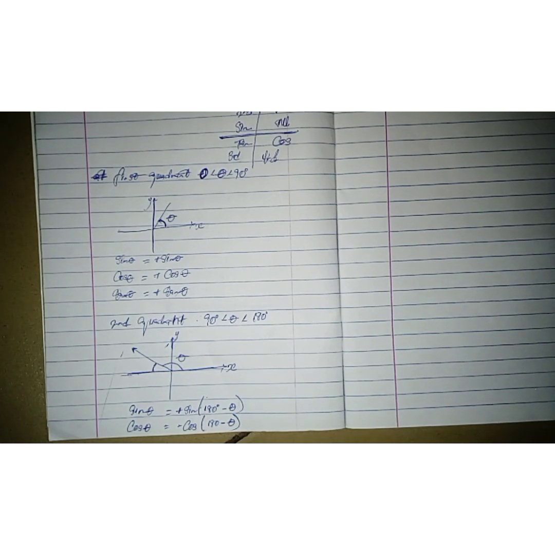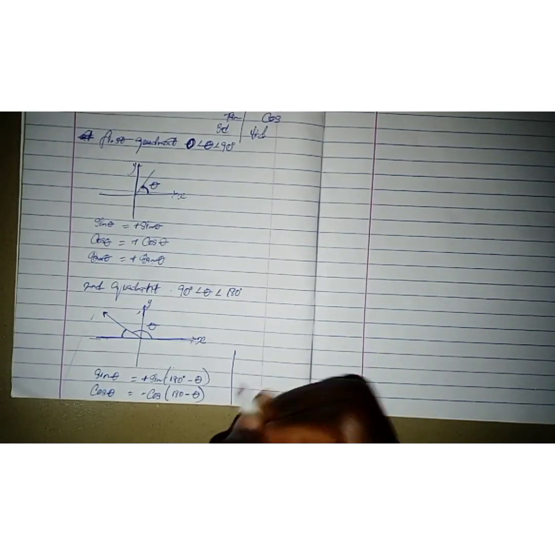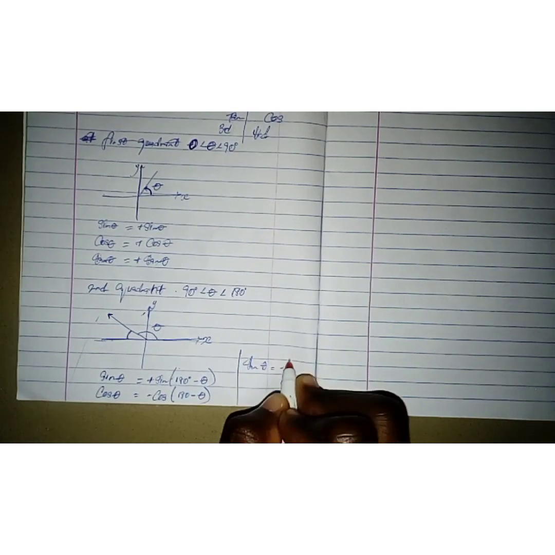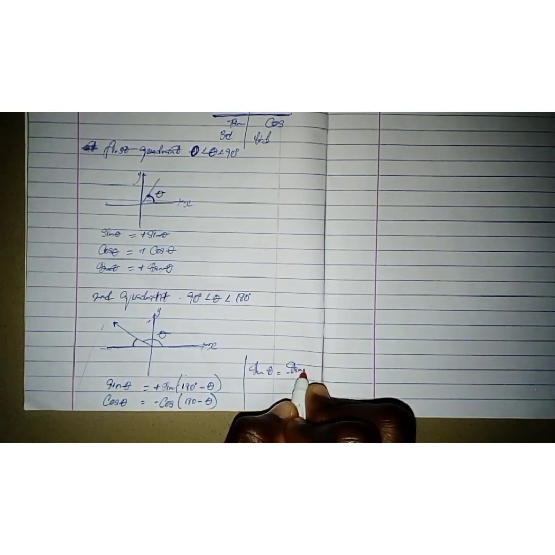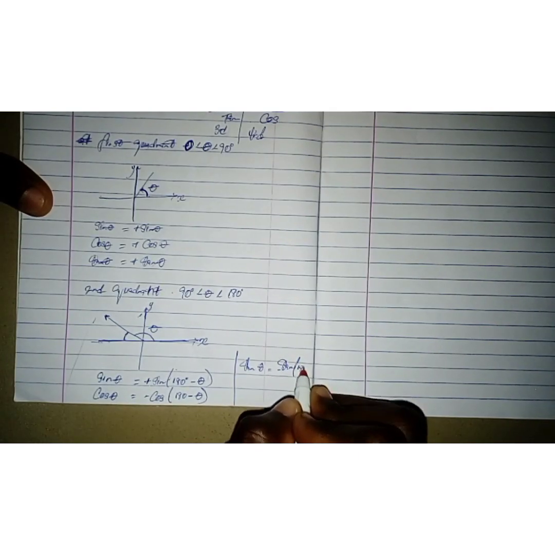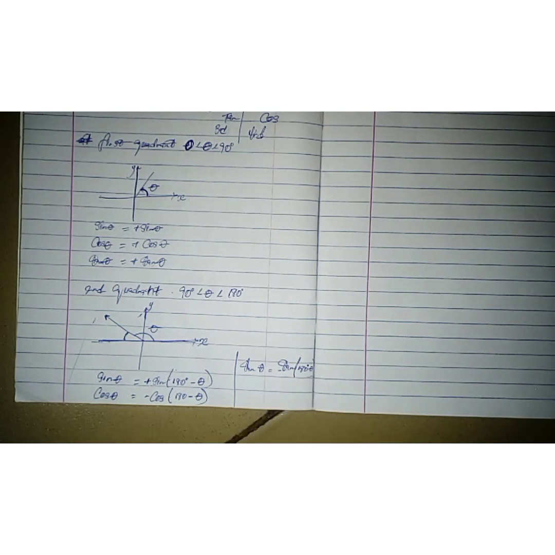Cos theta equals negative cos of 180 minus theta. For tan, you see that tan theta equals negative tan of 180 degrees minus theta as well. So therefore, tan of this is equal to the negative tan of this.